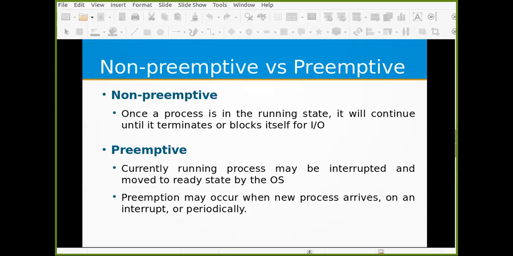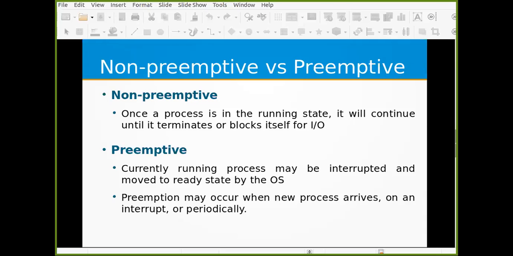Either it gets blocked by waiting on some IO or some other event, or it has completed its job. Otherwise, the OS will never remove it from the running state. That is non-preemptive.